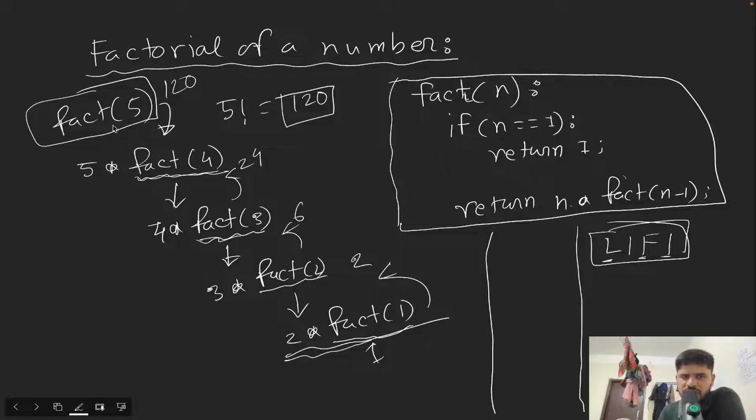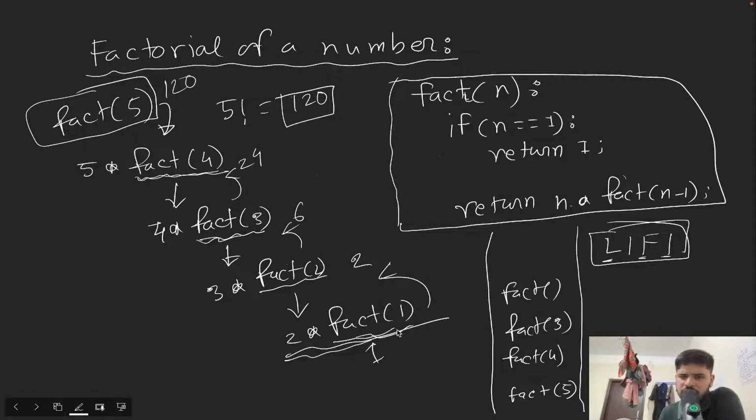So first we call this function, factorial 5. So here we will have fact 5 in our stack. Then we call this function again. This is the state of our recursion. We will have factorial 4, then factorial 3, then factorial 2.